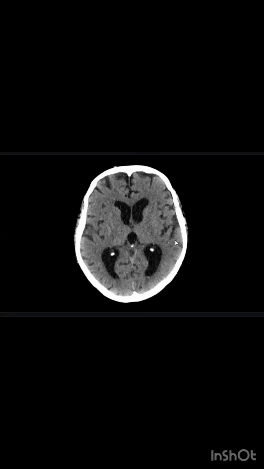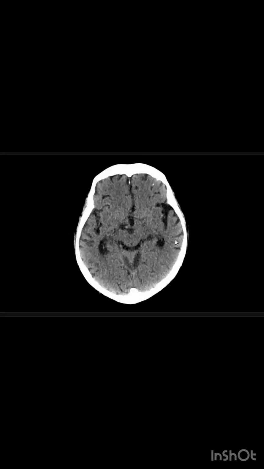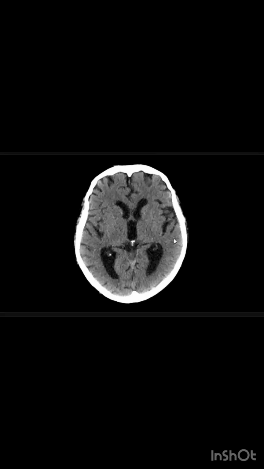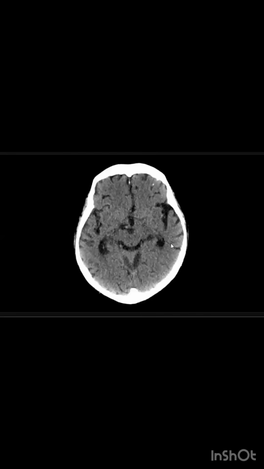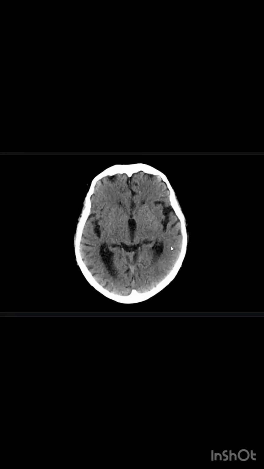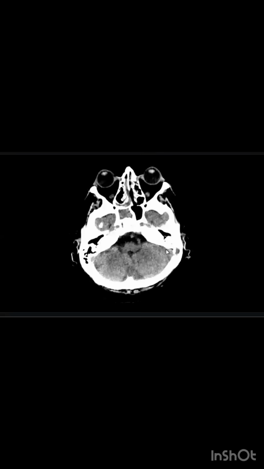There is no hyperdensity noted to suggest any intracranial hemorrhage or subarachnoid hemorrhage. As I go down, I can see an area of hypodensity in the left cerebellar hemisphere, also involving the vermis and some part of the right cerebellum.